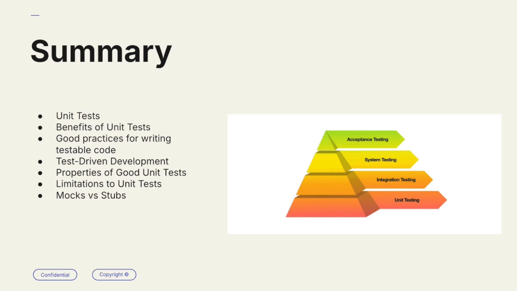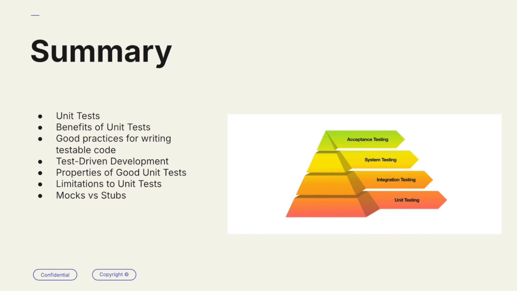But writing good unit tests starts with writing testable code. This means following solid object-oriented design principles, using techniques like dependency injection, and avoiding tightly coupled or overly complex code that's difficult to isolate and test.